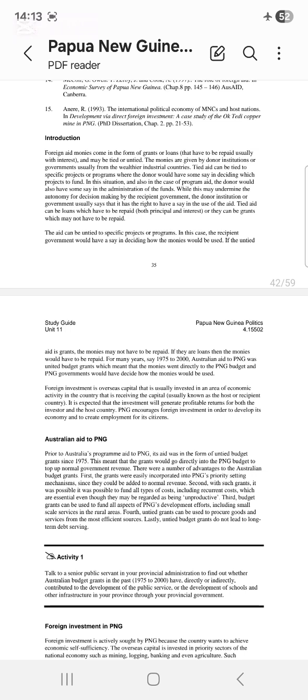The criticism against that is that it undermines the autonomy of our government to make decisions in the development use of these funds in our country. So it's a question of sovereignty and autonomy of decision making by our government. That is one of the setbacks of tied aid. Okay, let me see if there is an example of untied aid here.